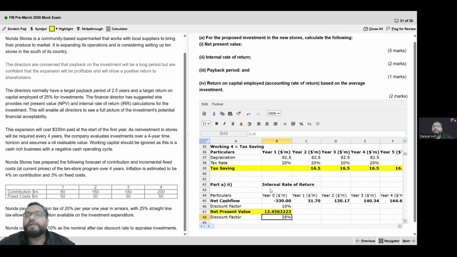Because for IRR, you need two discount factors and two NPVs. Now, at 10% you have a positive NPV.